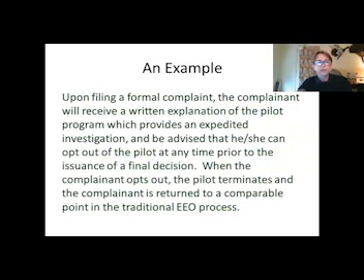This relates back to the example that Navarro talked about. When the complainant opts out, the pilot terminates, and the complainant is returned to a comparable point in the traditional EEO process. This is an example of language that you could use in your proposal that would be given to the complainant as part of their voluntary opt-in, opt-out notice.